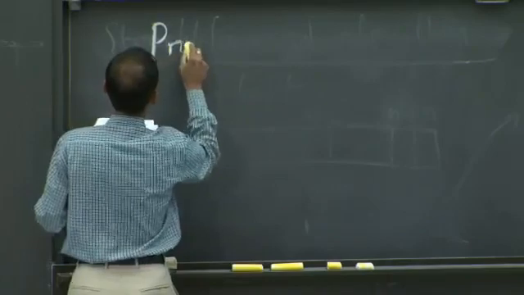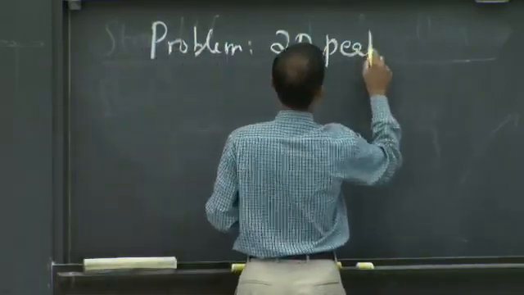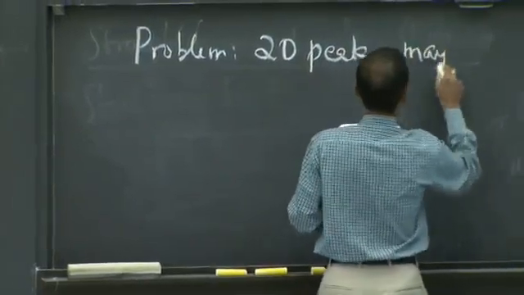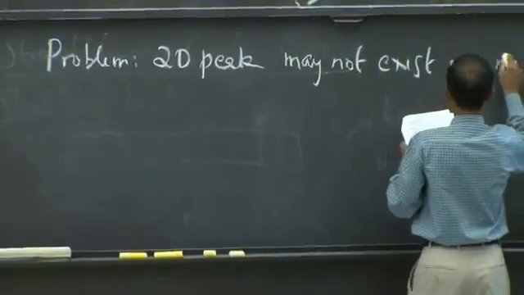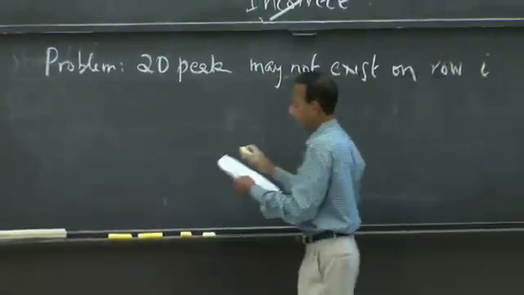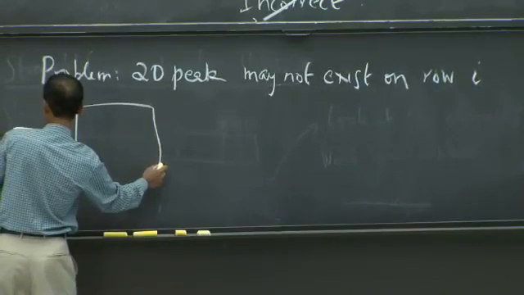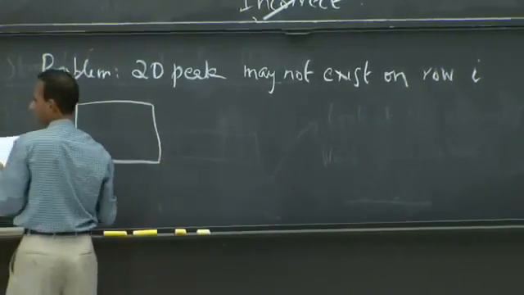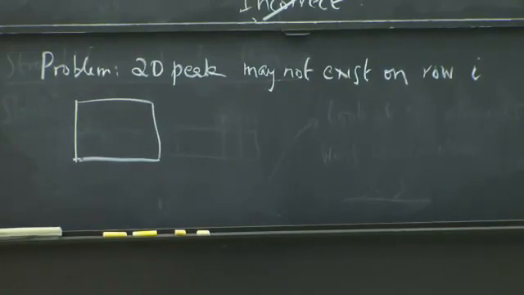The problem is a 2D peak may not exist on row i. And here's an example of that. Actually, this is exactly the example of that.